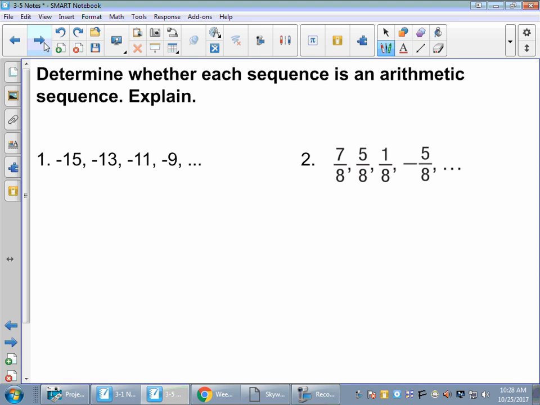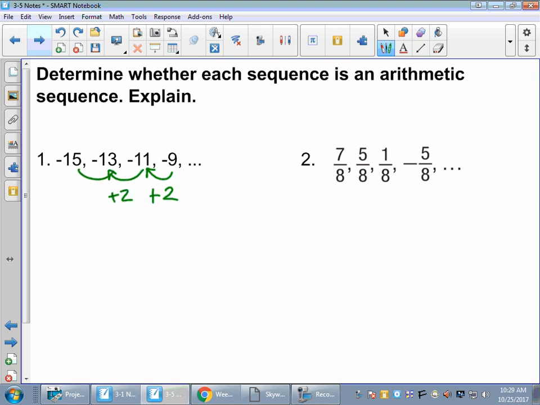So I will do exactly what I said I would do. A little bit difficult here, so I'm going to start with negative 9. I'm going to start with a term and subtract the previous term. Negative 9 minus negative 11 tells me that we added 2. Negative 11 take away negative 13, we added 2.